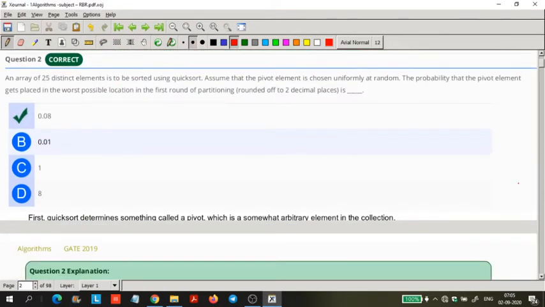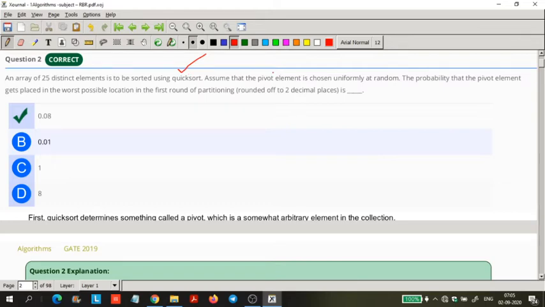The next question: an array of 25 distinct elements is to be sorted using quick sort. Assume that the pivot element is chosen uniformly at random.